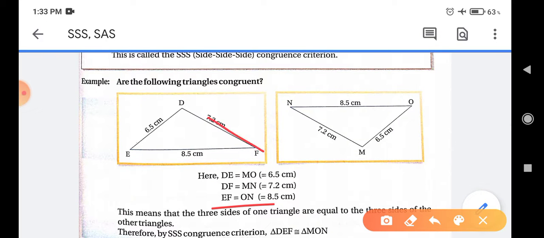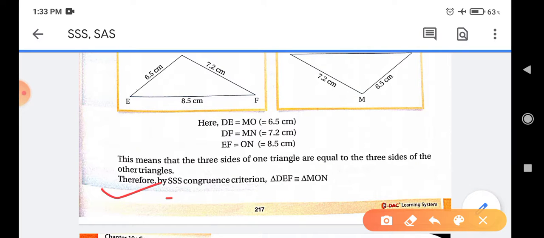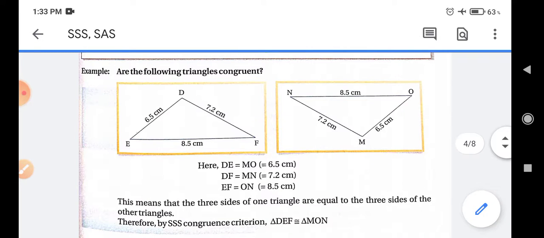Then DF is equal to MN, 7.2 centimeter. All three conditions are satisfied, so we can say these triangles are congruent. Therefore, by triple S congruence criterion, triangle DEF is congruent to triangle MON. So this is the triple S congruence criterion. Thank you.